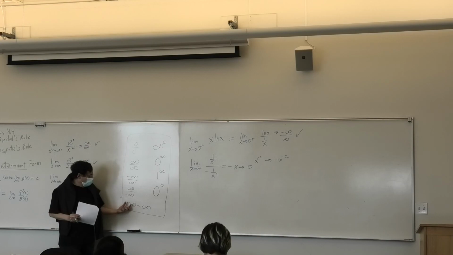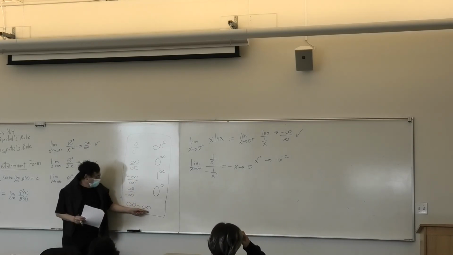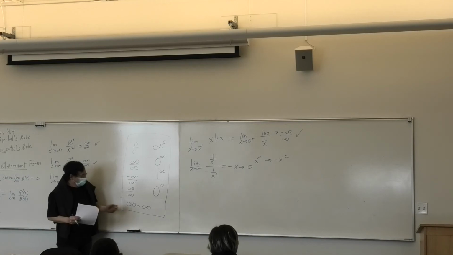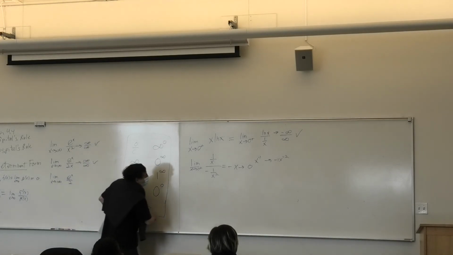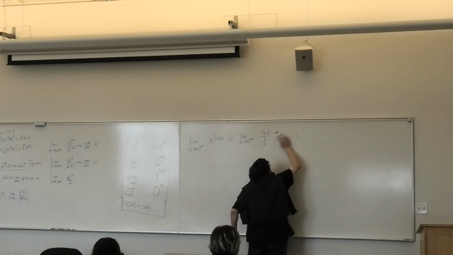One might get larger much faster, and it'll go to positive infinity. The other might get larger much faster, and we go to negative infinity. Might go to 0, might go to some value. So let's see how we can apply L'Hôpital to one of these problems.